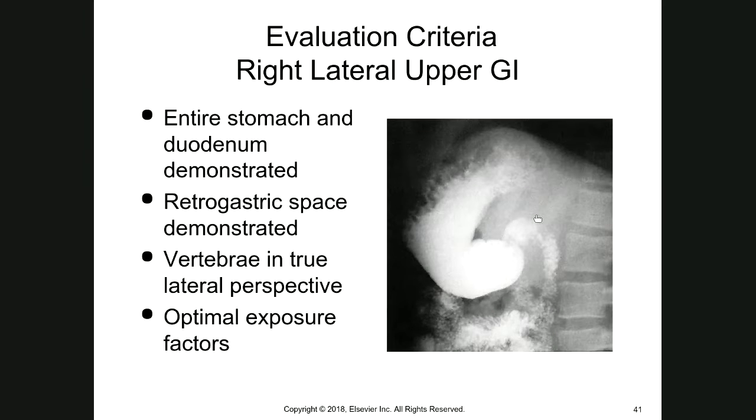Okay, and notice regardless of the body habitus, the stomach is full of barium, which is very heavy and dense, so everything tends to fall forward. So we see the stomach, the duodenum, the retrogastric space, the vertebrae are in a true lateral perspective, and this is actually a good image.